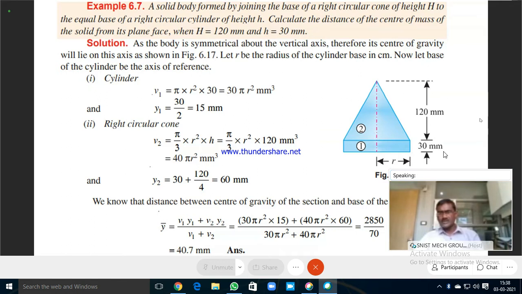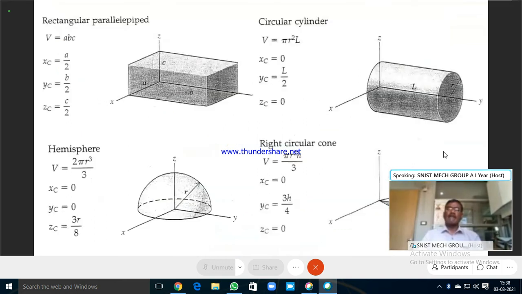Oh, somebody is asking previous slide. Yes, Pawan Kumar. Previous slide, I did not ask you to note down anything. You have listed out the results. Cylinder and your prism, rectangular prism, symmetric. And these two derivations you have done.